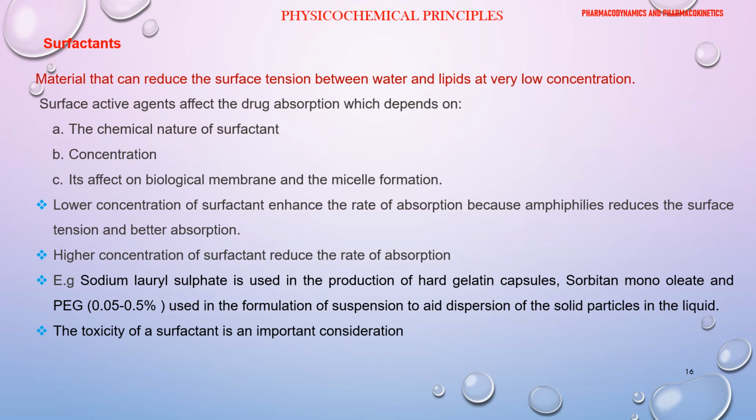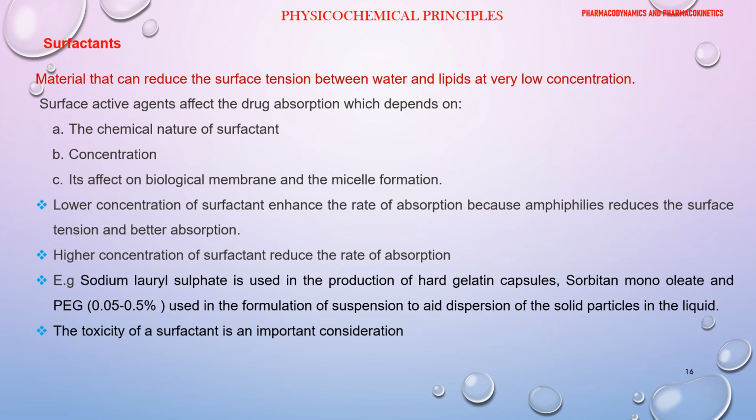The physicochemical properties of a drug can be altered or modified by the use of surfactants. These are materials that reduce the surface tension between the water and the lipid at very low concentrations. These surface active agents affect drug absorption, and it depends upon their chemical nature, concentration, and the effect on biological membrane and micelle formation.